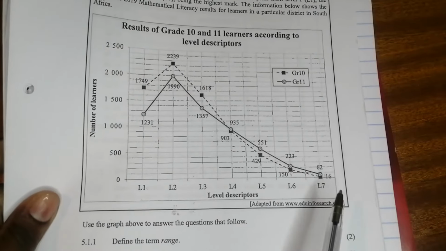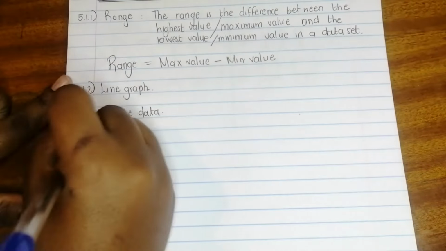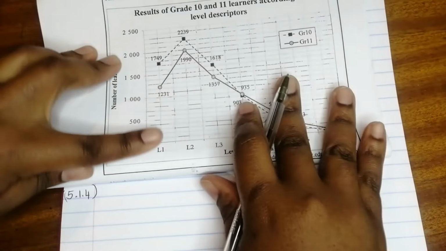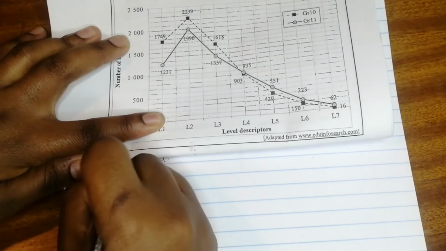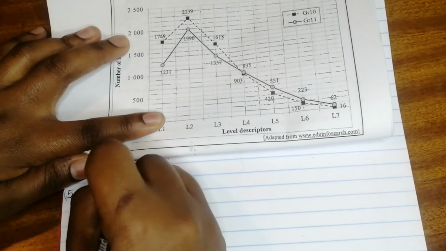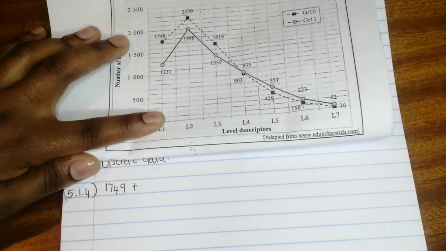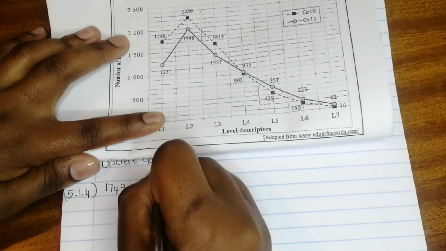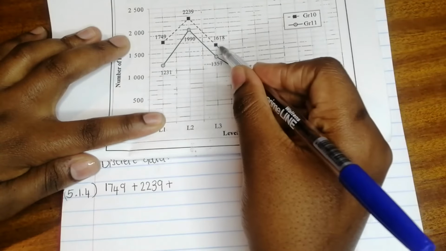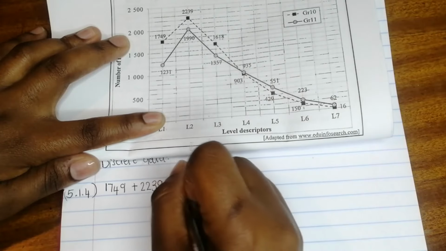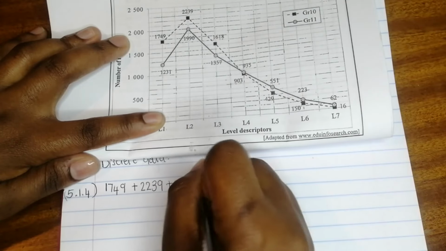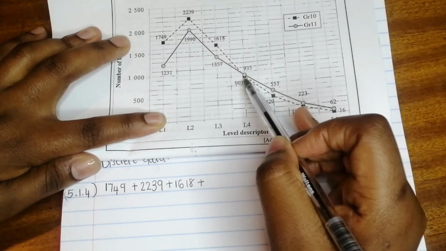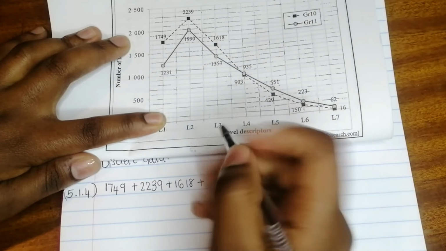Okay, so I'm going to write all those values down. So it's going to be 1,749 plus 2,239 plus 1,618 plus the value at the bottom because it's going down like that. So you're going to look at the value that's at the bottom.